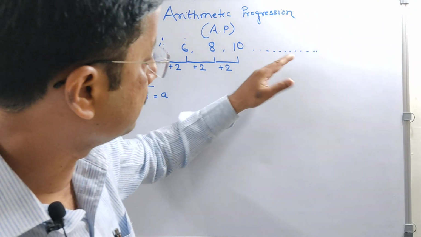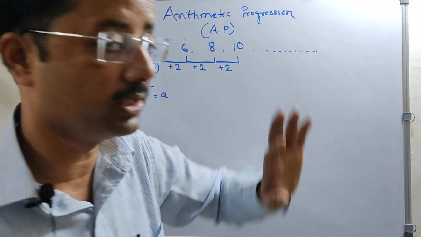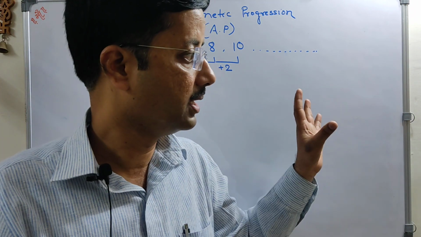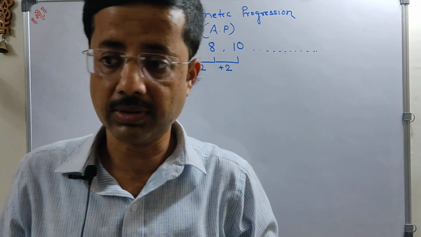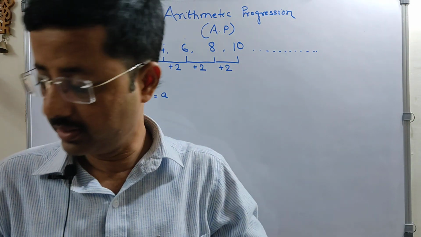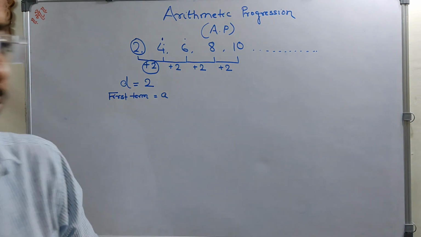If the term we need to find is very far, so that we cannot find it by adding the constant repeatedly, then we need a formula.